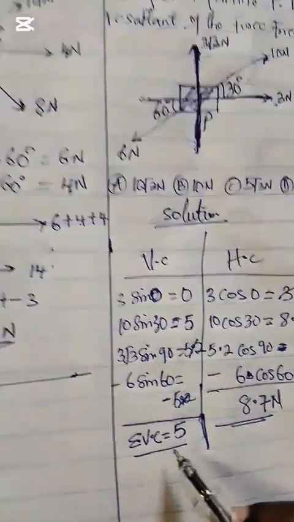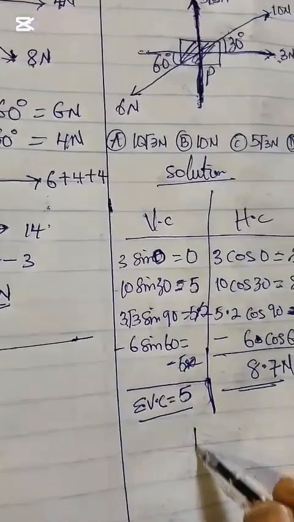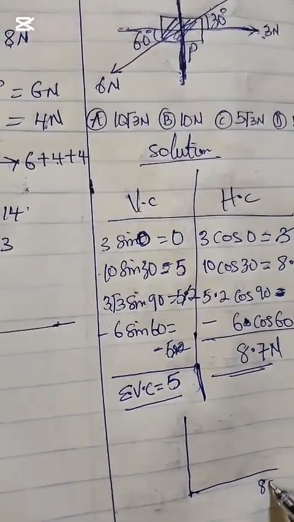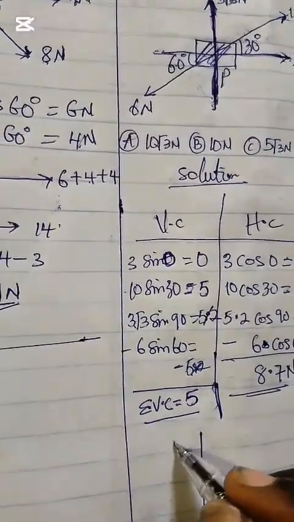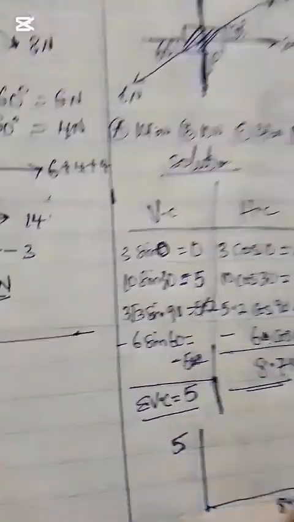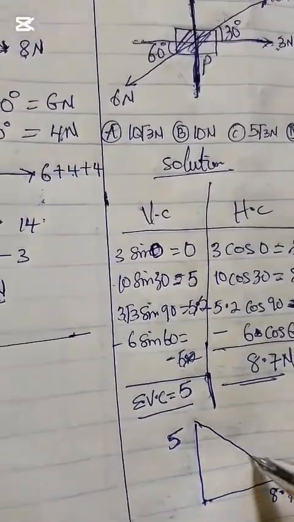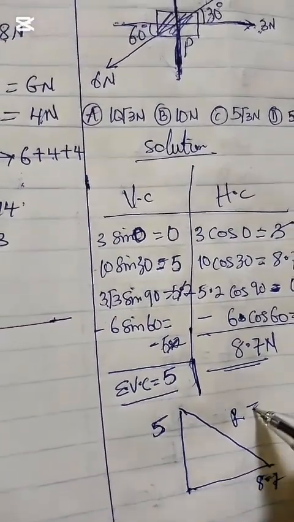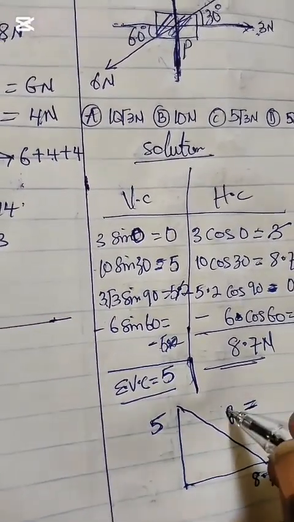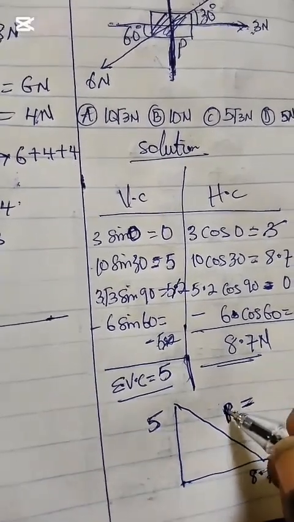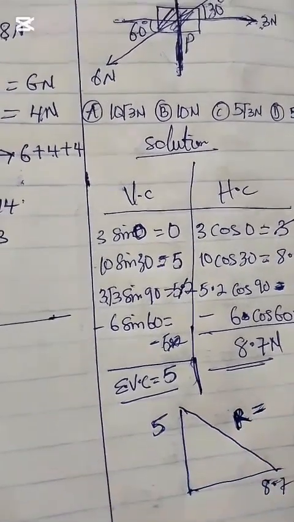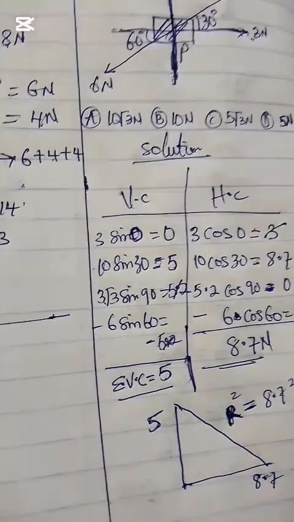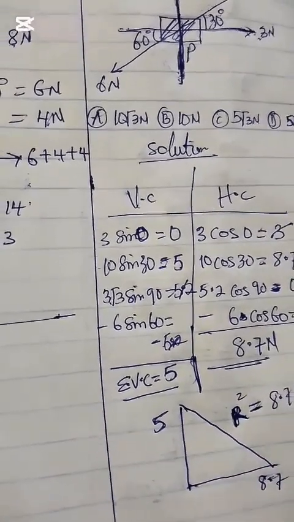So this is the summation of the horizontal component, and this is the summation of the vertical component, which means I'm going to have here 8.7 and here 5. Vertical component, horizontal component, so that the resultant will now be equal to, using Pythagoras theorem, 8.7 square plus 5 square.